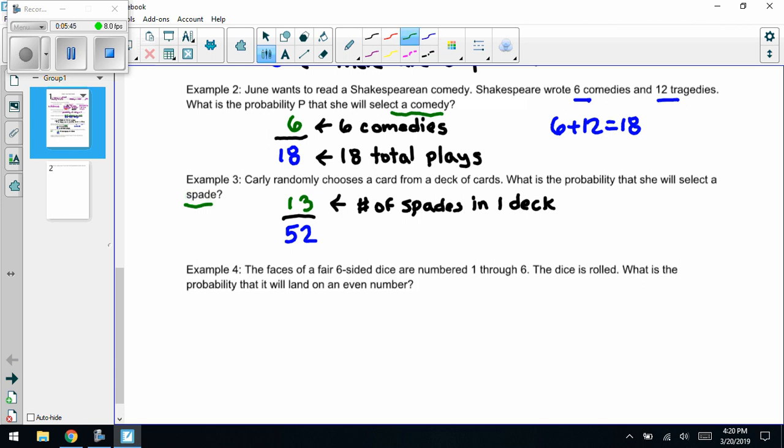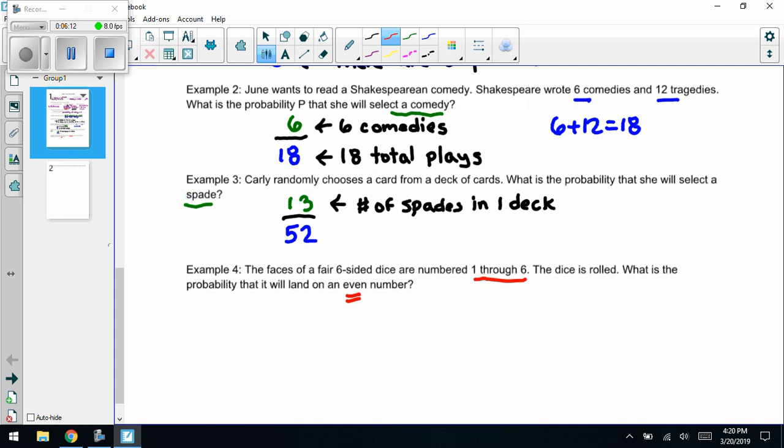The faces of a fair 6-sided dice are numbered 1 through 6. The dice is rolled. What is the probability that it will land on an even number? Okay, so we have to do some thinking. If we recall from before, a dice has numbers 1 through 6. We want to know what is the probability of the even number.